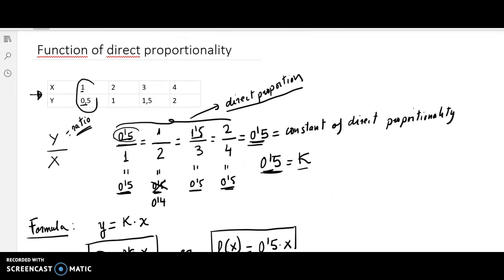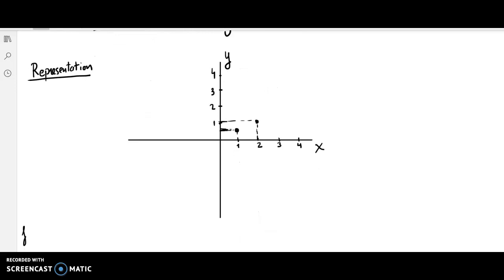The following one is the 3, 1.5. So 1.5 more or less, and 3 for the x. And finally the 4, 2.